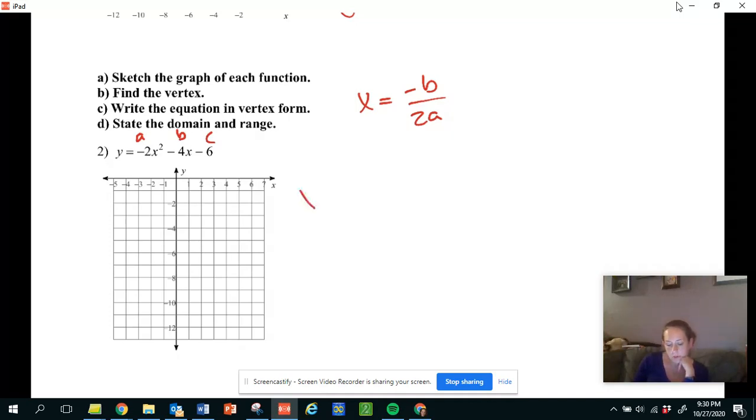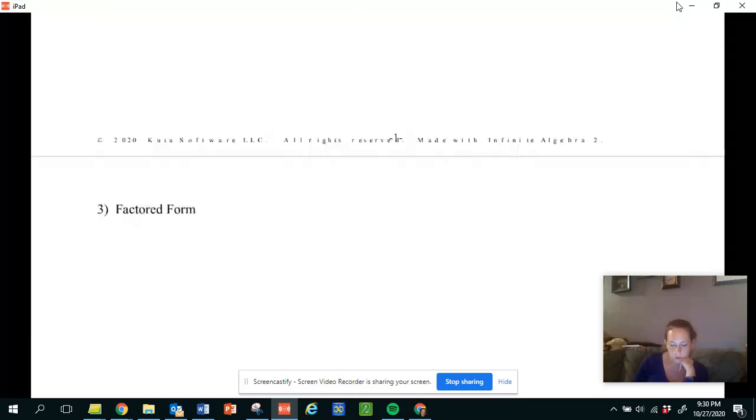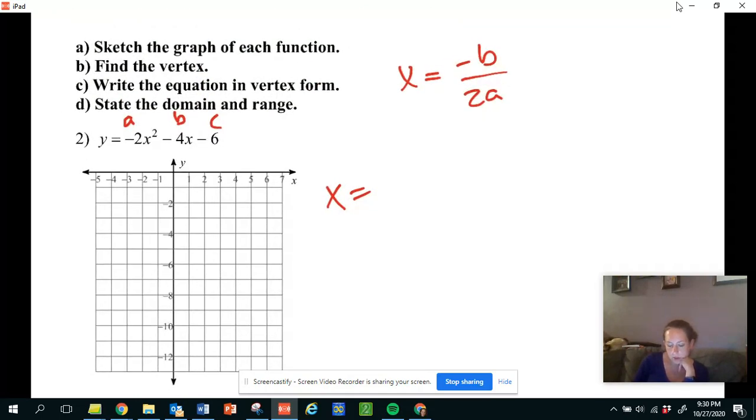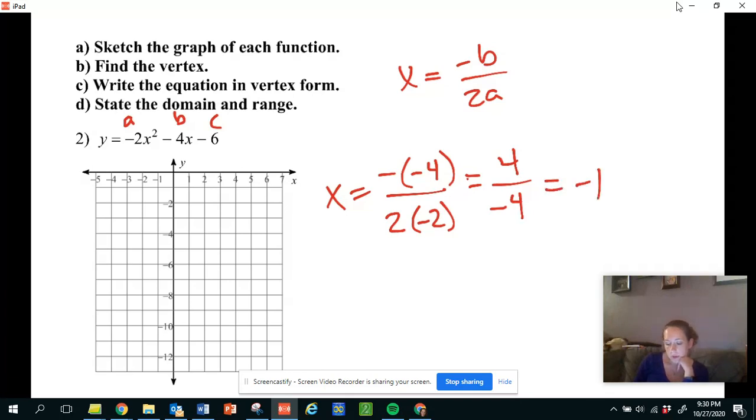So for the axis of symmetry or the x of the vertex, for this one, I get -4 over 2 times -2. The negatives cancel out to give me just 4, and 2 times -2 is -4. 4 divided by -4 is -1.